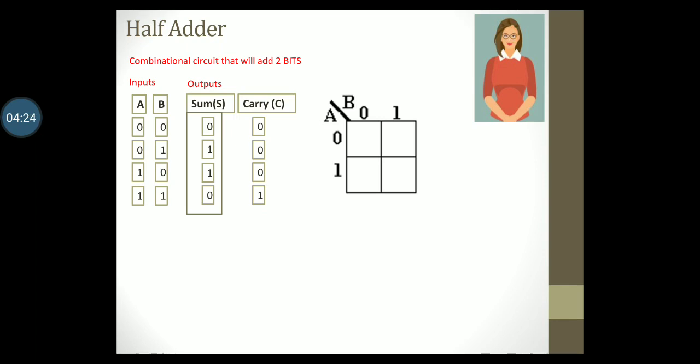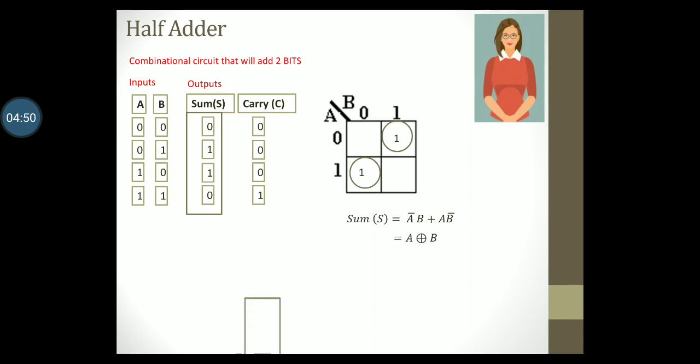So mapping those values on the K-map, we get, obviously we cannot combine diagonal cells, so these remain as individual cells. And we get the expression as sum is equal to A bar B plus A B bar, which is nothing but A XOR B.